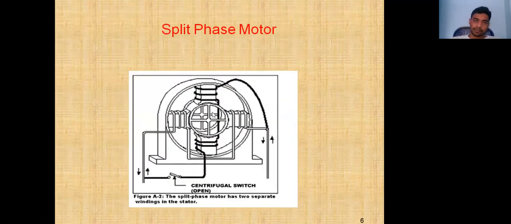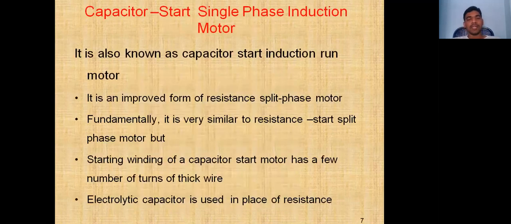Here, instead of a high resistive nature, we are using only a few turns of thick wire, which means large cross sectional area and less resistance. Instead of high resistance, we are offering low resistance, but in series with a capacitor.